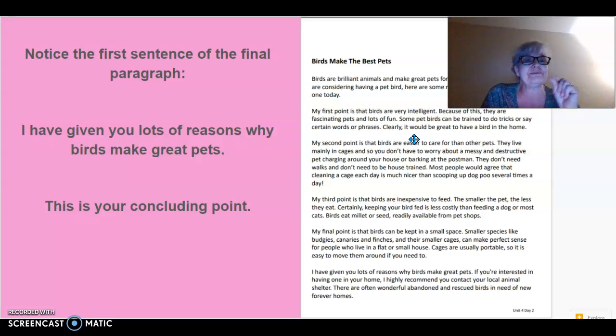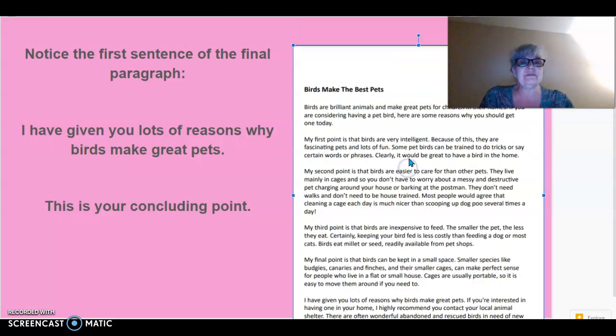So it's an example of what she has just said in the sentence before, to do tricks or to say certain words or phrases. It would be great to have a bird in the home. Now, it's just kind of a summary statement that goes back to her first statement that they're very intelligent. All right, so you've got some examples.